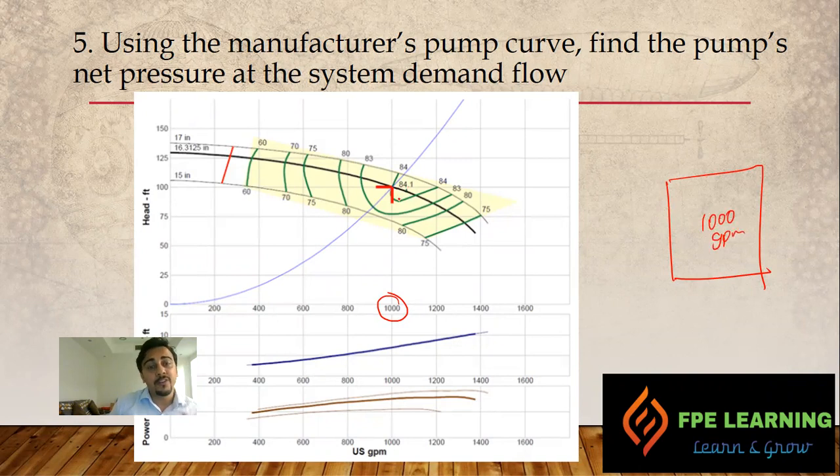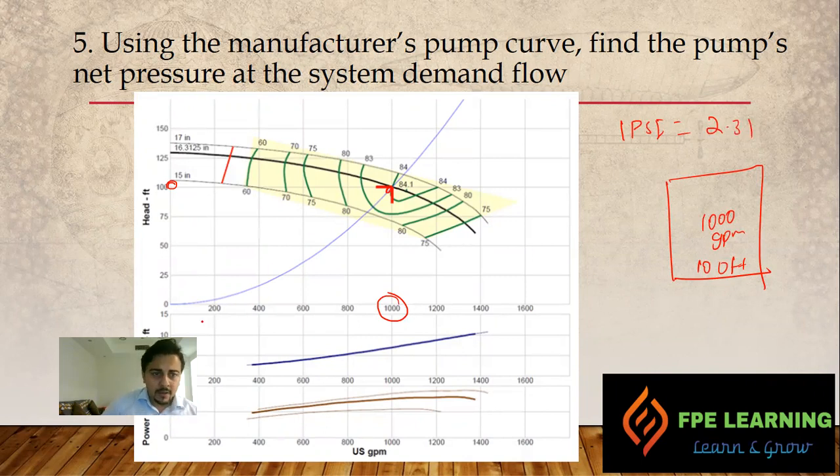You have to read the curve, come vertically to this point, and then go horizontally to this line. So this pump is giving 1000 GPM at 100 feet. It's always better to read the pump performance curve in terms of feet, and we know that 1 psi can lift water up to 2.31 feet. So these are the conversions that we have to carry out.